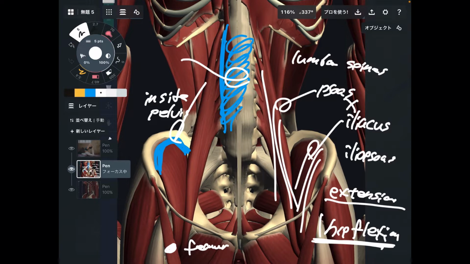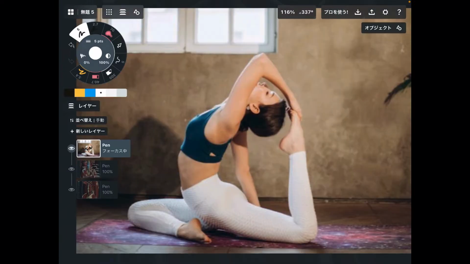Okay, how can you apply its anatomy? How can you apply today's anatomy for yoga pose? You can apply today's anatomy for any pose that requires good core extension. It's like you kind of extend your body this way. This is core extension. When you do core extension kind of pose, most likely your pelvis and hip is also extended.